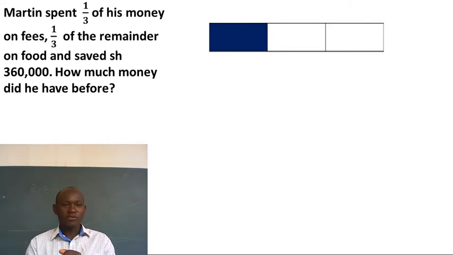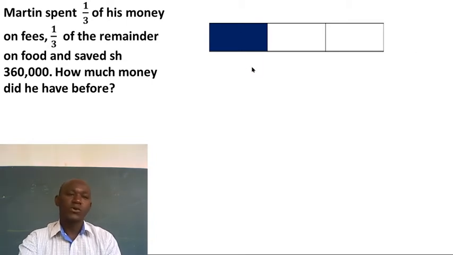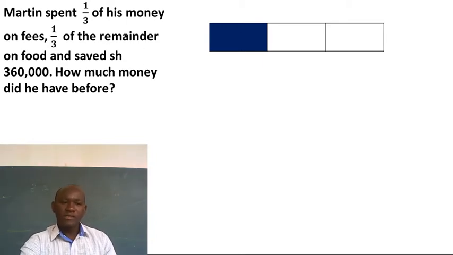Remember, in the first question, I asked you to find the fraction of the money spent on food, and the remaining fraction. But this question is just a whole sum. So you have to follow all these steps basing on the statements given.